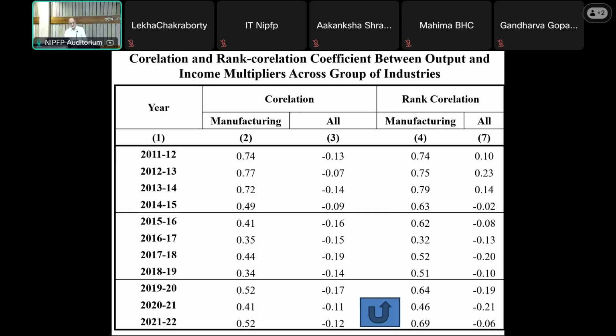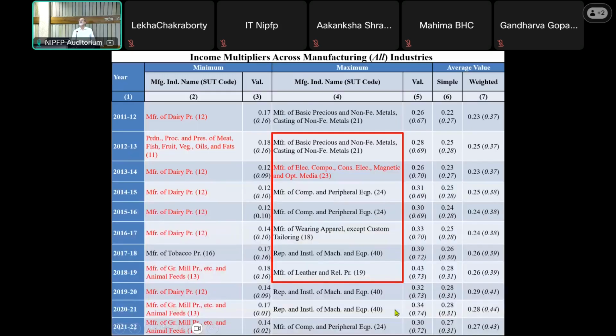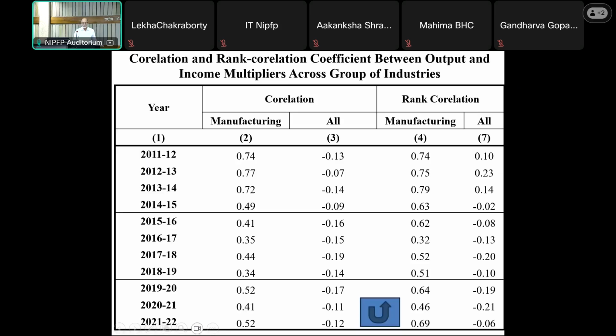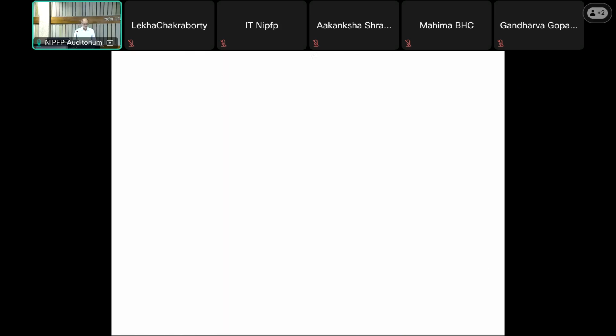If you were to take a look at the weighted average multiplier across all industries together, then what happens is that the weighted average multiplier is moderately weak for the manufacturing sectors, and it is moderate across all industries, but in both cases it is negative.